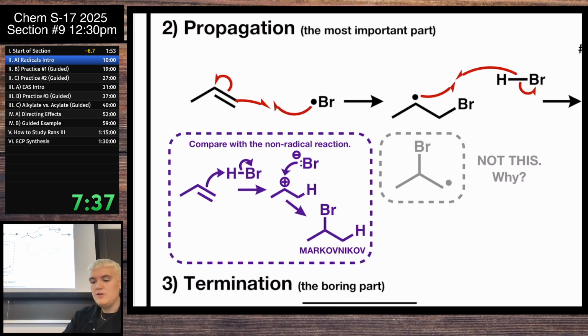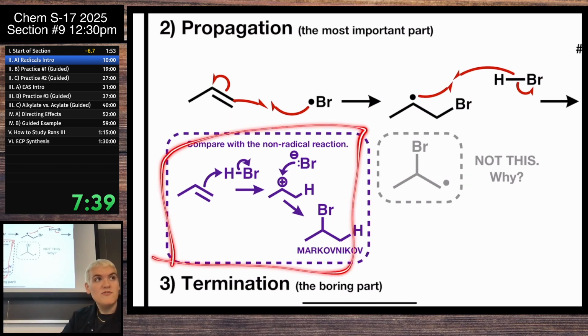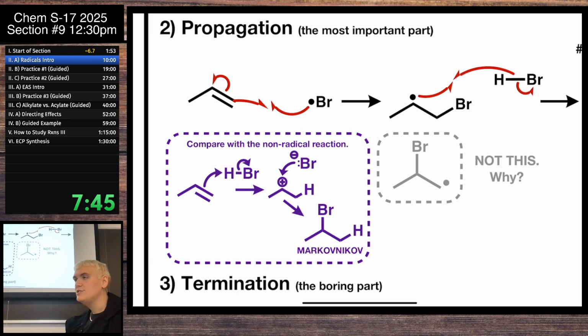But with the non-radical version, we grab an H first. And with the radical version, we add a Br first. That's why we get our anti-Markovnikov addition here. So I think it's important to see the parallels here between the radicals and the carbocations, and then the difference of why we get anti-Markovnikov just being who reacts first.